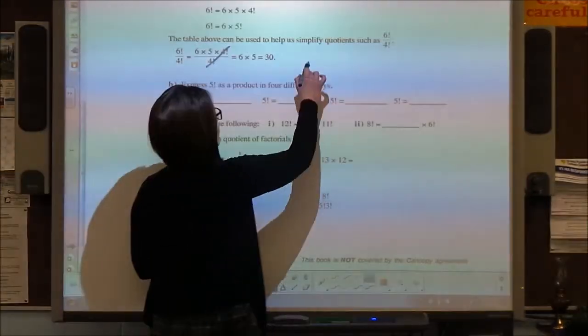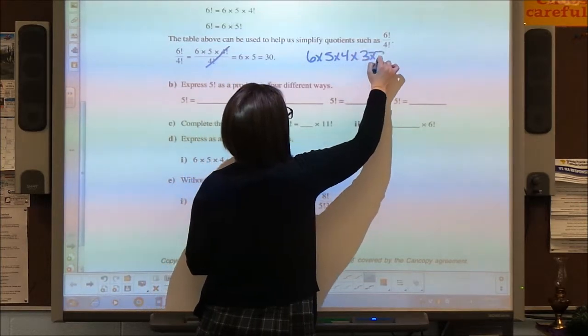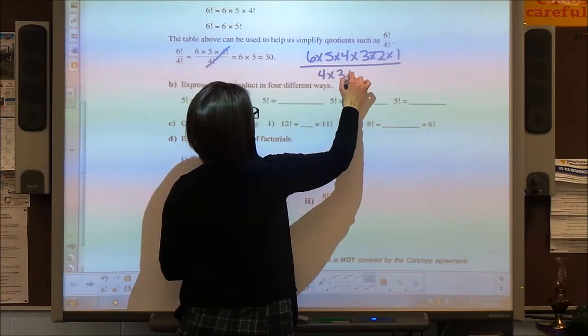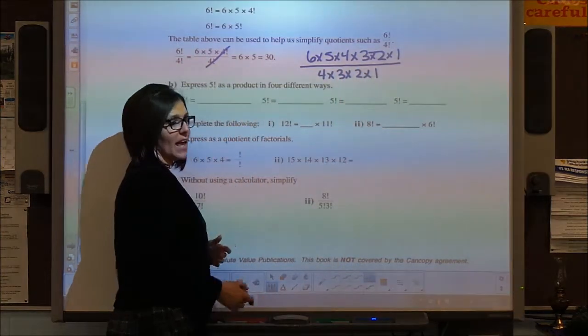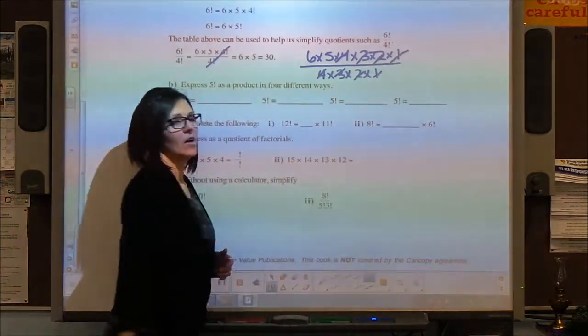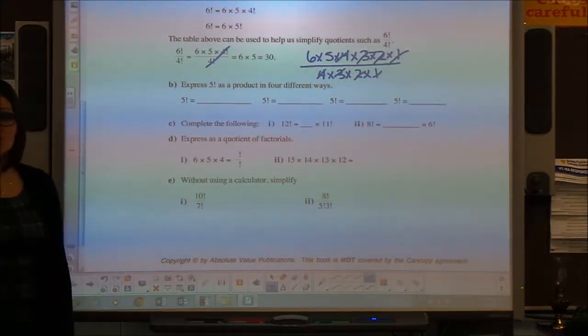I could do the same thing if I expanded it out and did the same to the top and the bottom. Then I could cancel out my 4, my 3, my 2, and my 1. And that works for something like 6 factorial over 4 factorial.